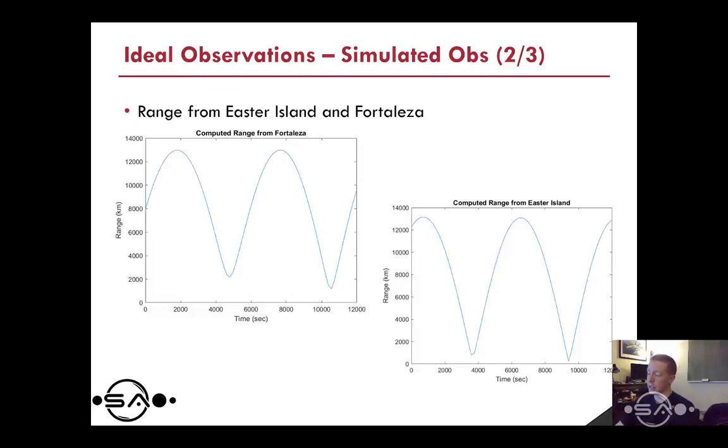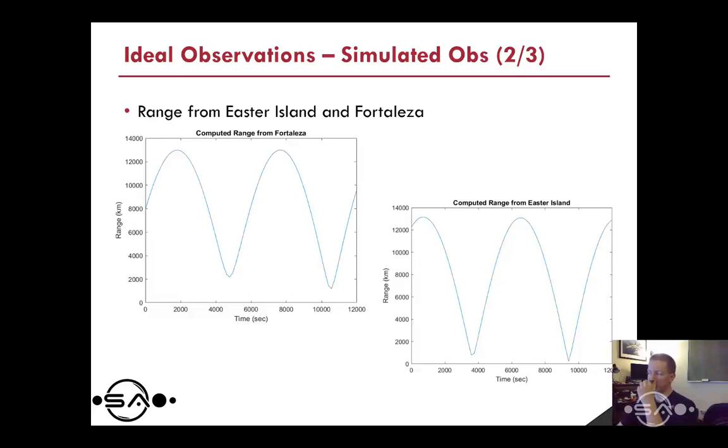This is one of the things where we start to judge the observations that we see. If we were to use that first measurement from Fortaleza, that's not necessarily a very good observation. It may be a very poor observed range that we get returned to us because it's either in that elevation mask or very close to it, so it won't even be overhead on the horizon very long.